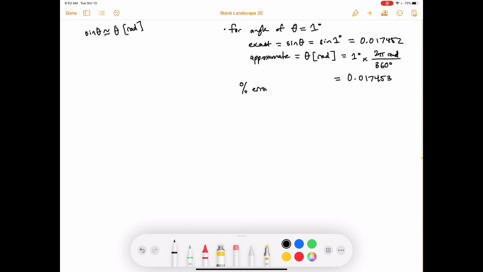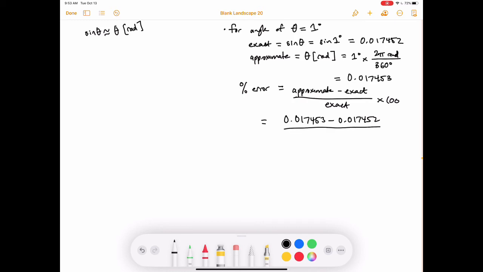Percent error in this case, which is given by approximate minus exact value over the exact value times 100, if we have an angle of 1 degree, is 0.017453 is approximate, minus 0.017452 is exact, divided by 0.017452, and then times 100 to make this a percentage.